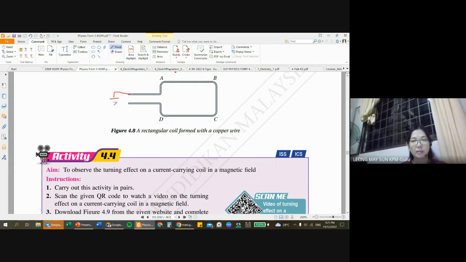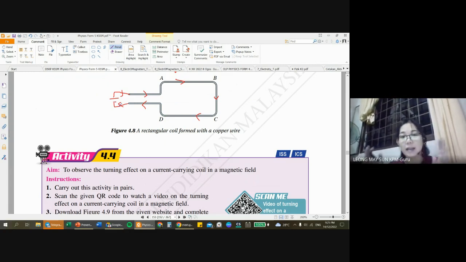So the current will flow from positive to AB, BC, CD, and then back to the negative terminal. Depending on the direction of the positive and negative, please do not memorize it. We analyze it from the power supply. Current will always flow from the positive terminal to the negative terminal through the external circuit. Right now, the external circuit is the copper wire.